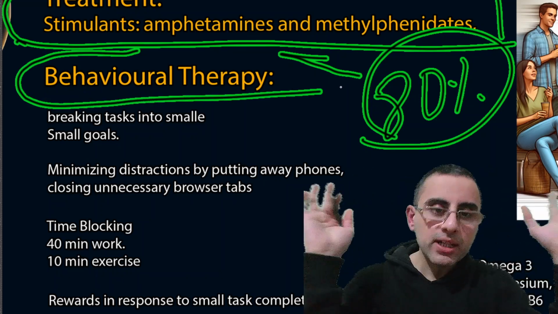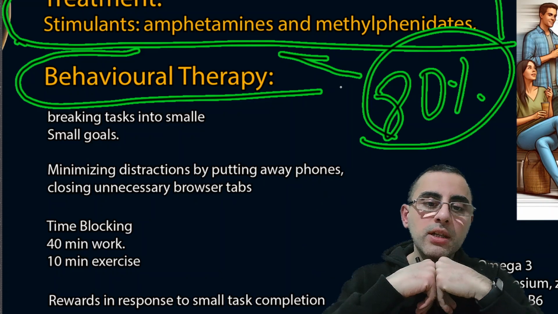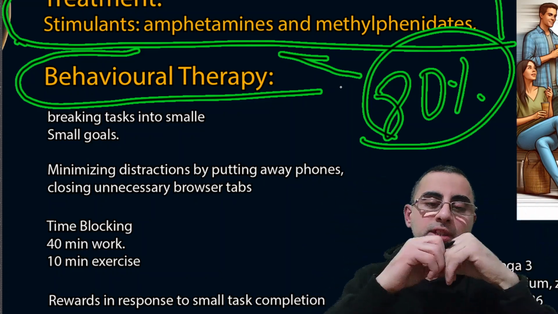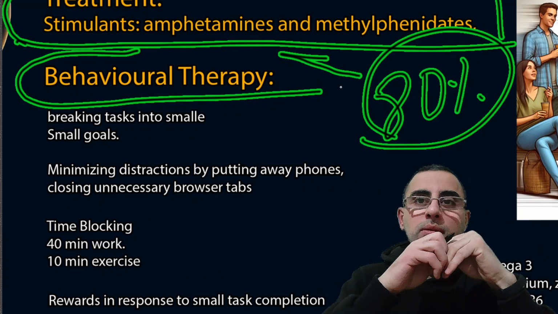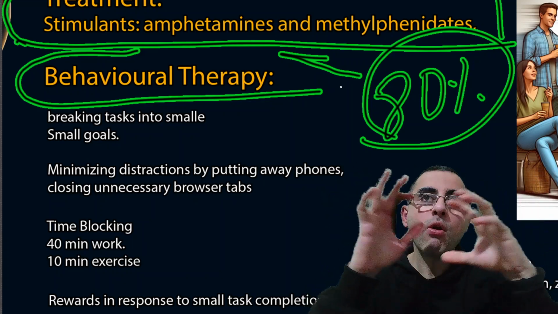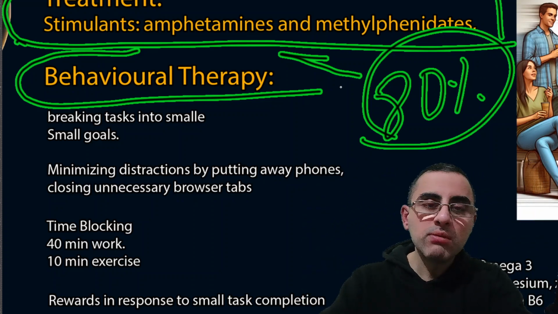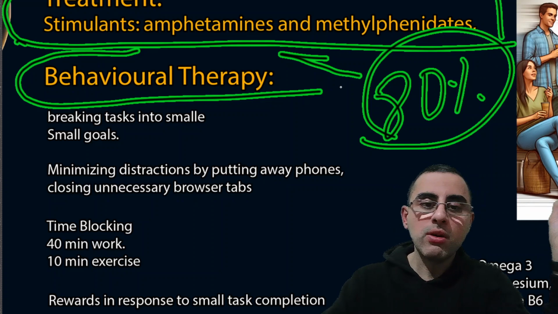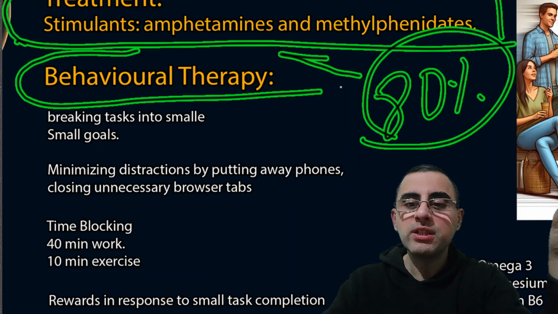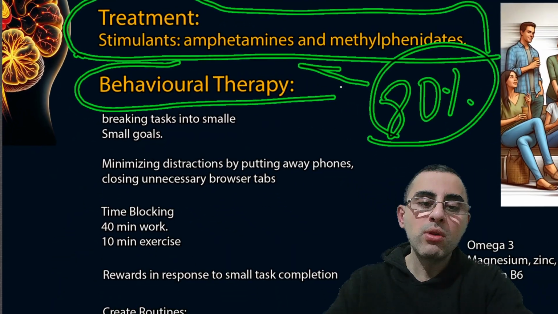We have several strategies. For example, breaking tasks into small goals. Don't aim to clean the whole home at once. Just do smaller parts, for example only the kitchen, only the dishes, only the laundry first. So make it small goals.